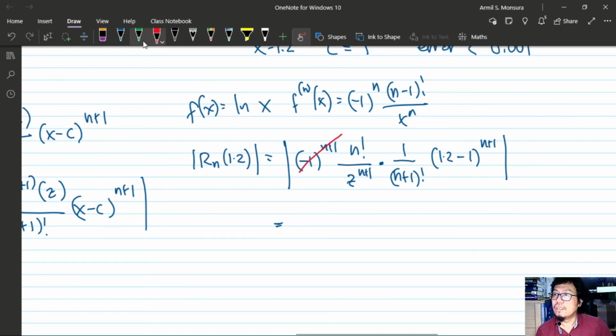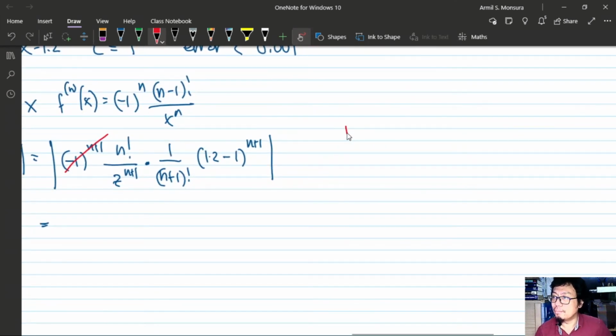Here also, since we are dividing this and this, we take note that n plus 1 factorial is n plus 1 multiplied to n factorial. So we can simplify this by canceling this one out, and what is left is n plus 1.